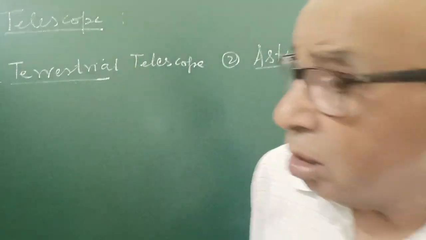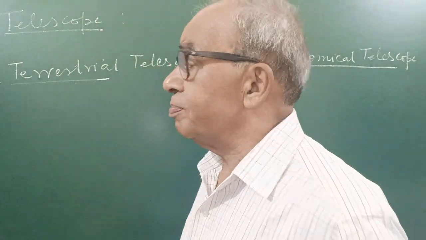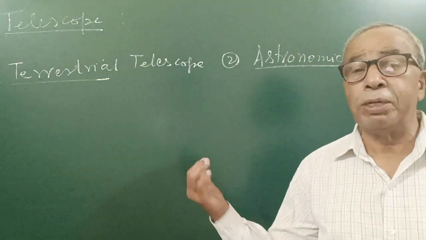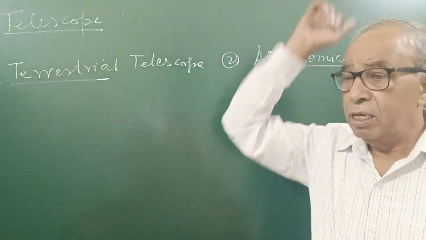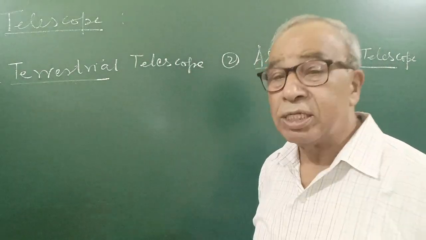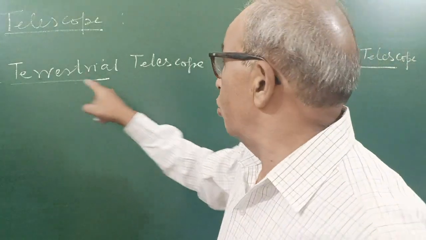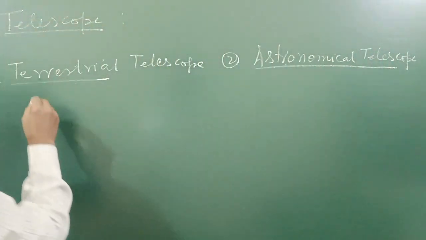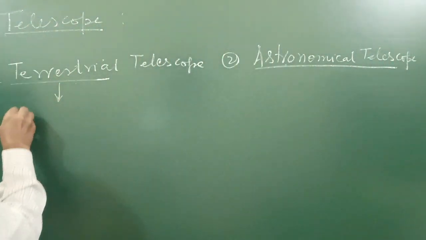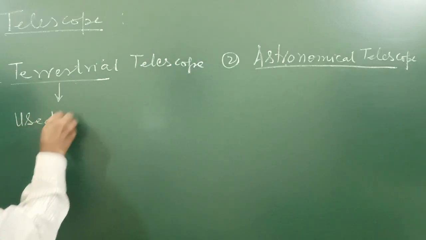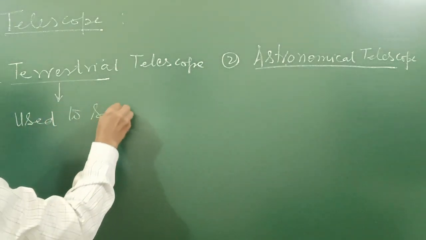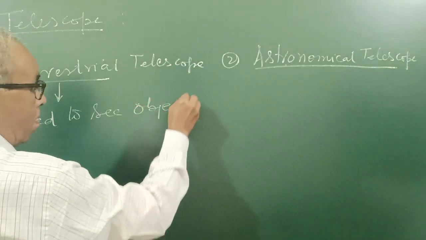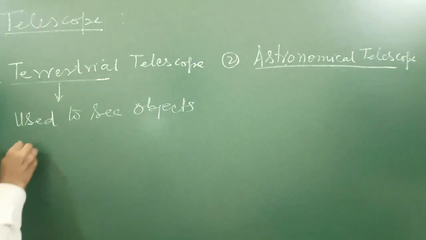What is this telescope? I told you, the optical instrument to see distant objects. Television, दूरदर्शन, ये भी दूर के दर्शन कराती हैं. So terrestrial telescopes are used to see objects on Earth's surface.